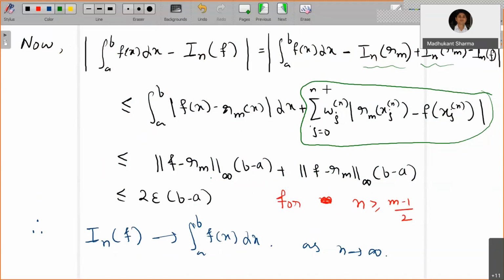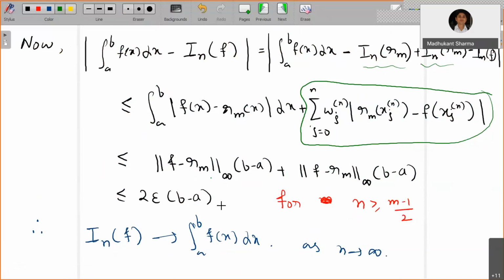What is that sum? It is b minus a. Now both the coefficients, the norm of f minus Rm in the infinity norm, are less than epsilon for m less than or equal to 2n plus 1. So the sum is 2 epsilon times b minus a, and that's it.